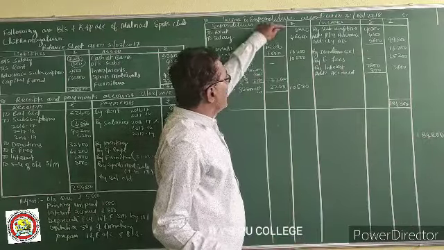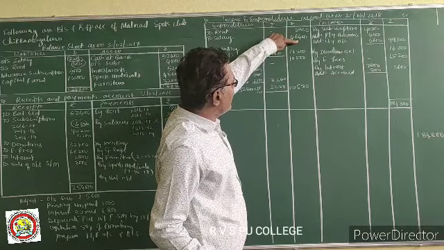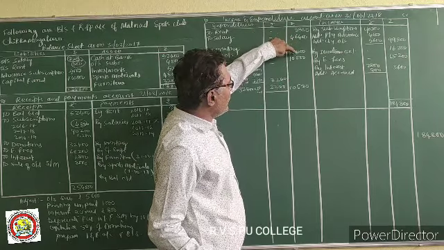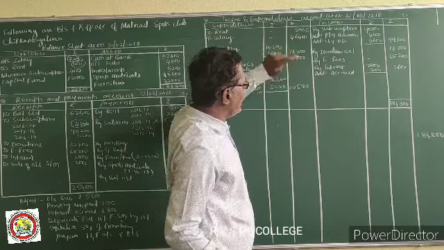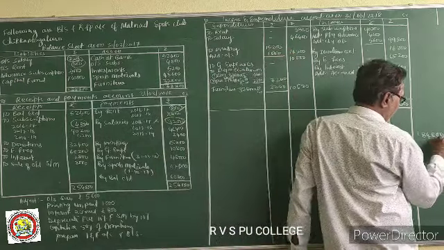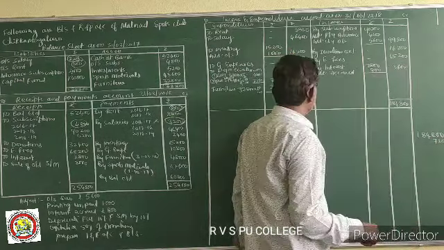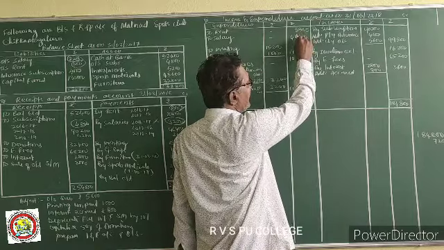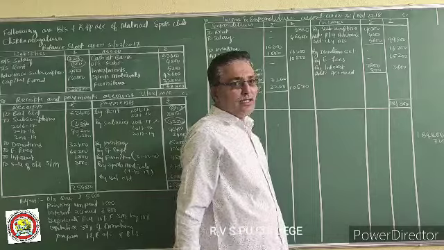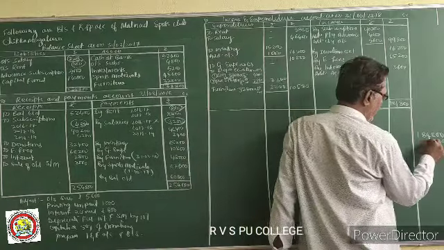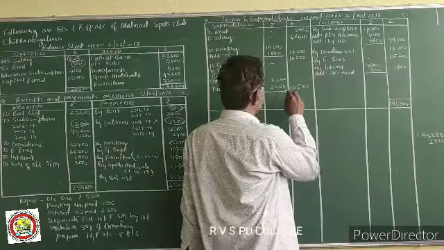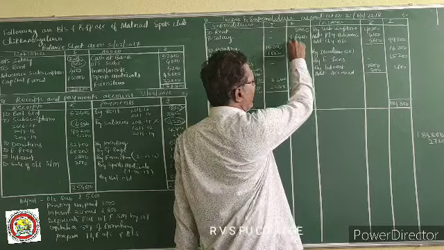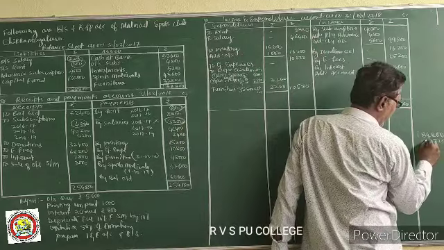And here 8 plus 4, 12, 10, 22, 27, 20, carry 2, 8, 16, 22, 2 plus 1, 3, 4, 5 plus 4, 9.